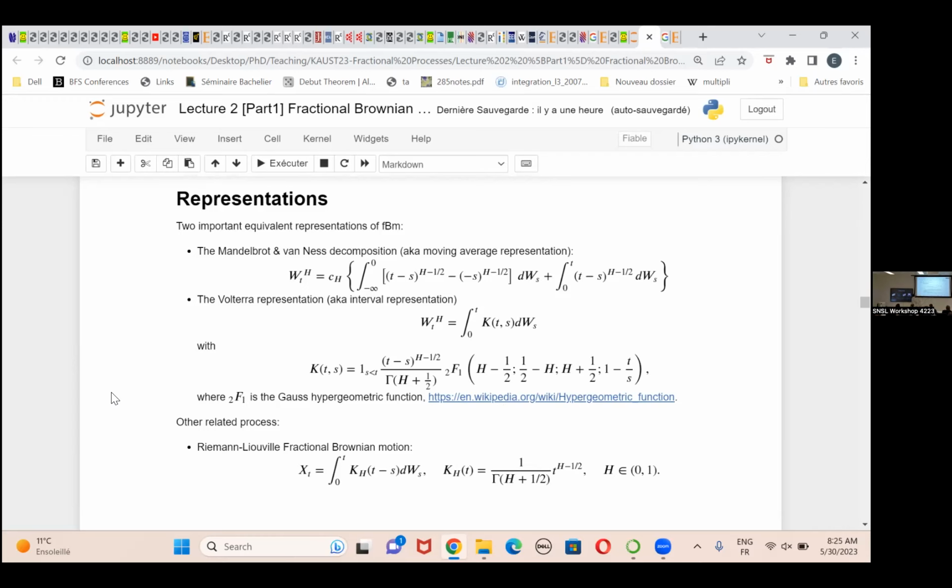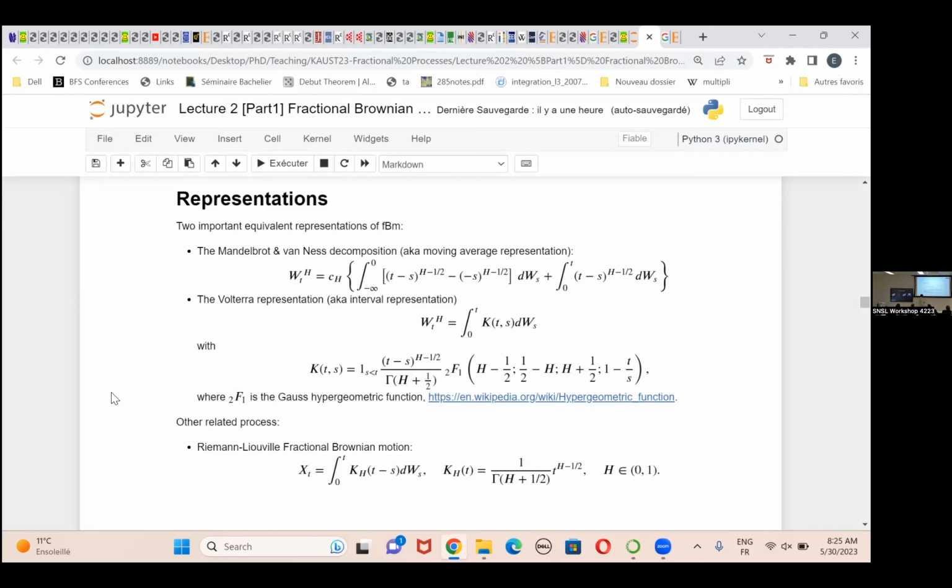Another representation of fractional Brownian motion: you can represent it only with an integral between 0 and T, but now you need a non-convolution kernel to do that. You still have the fractional kernel, and then you have a not so nice function that appears here, with the dependence on T and S. In both cases you see this fractional kernel, or function, appearing.